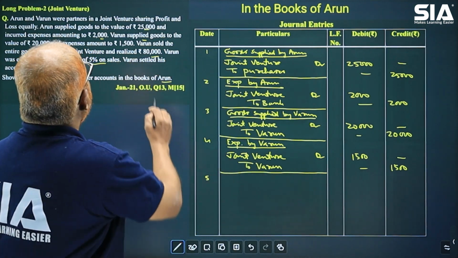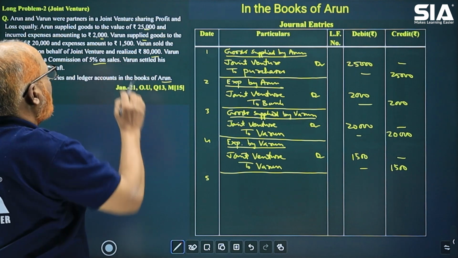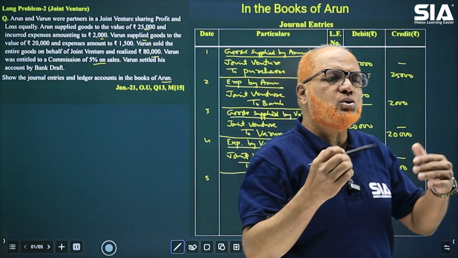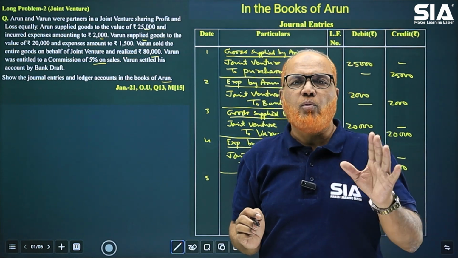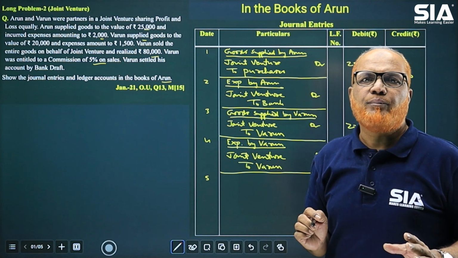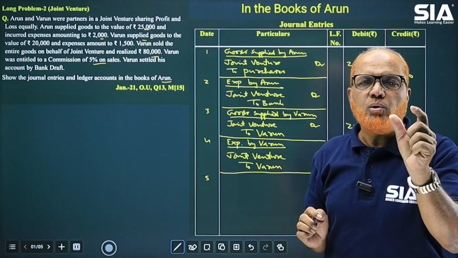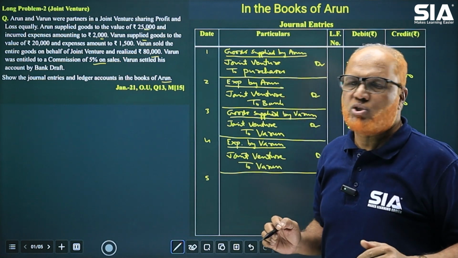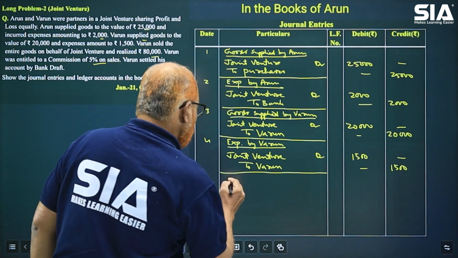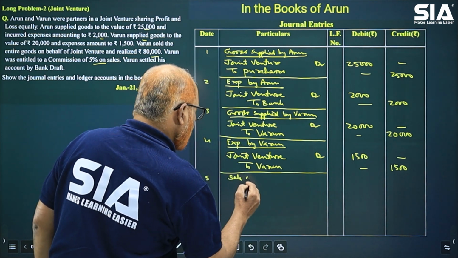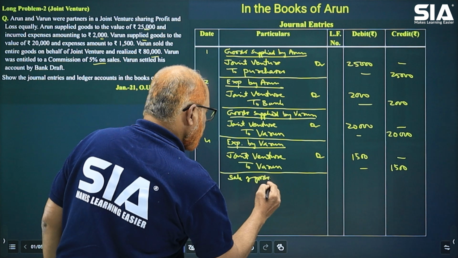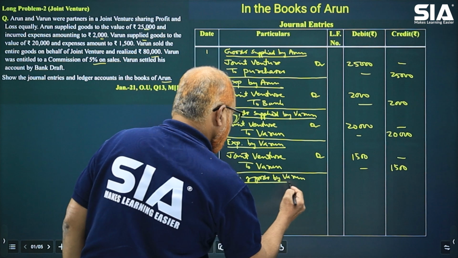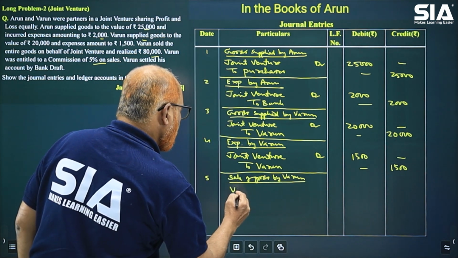Now, next entry. Varun sold the entire goods on behalf of the joint venture and realized 80,000. All the goods are sold away by Varun for rupees 80,000. The entry will be Varun account debit to joint venture. The sale proceeds should be credited to joint venture.